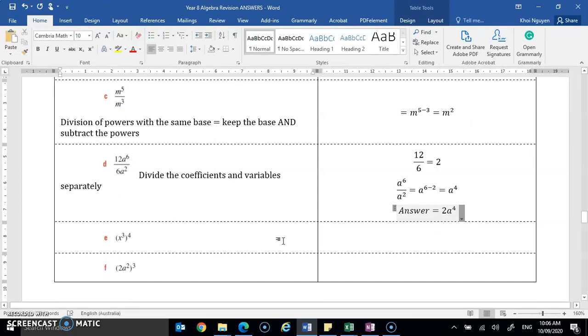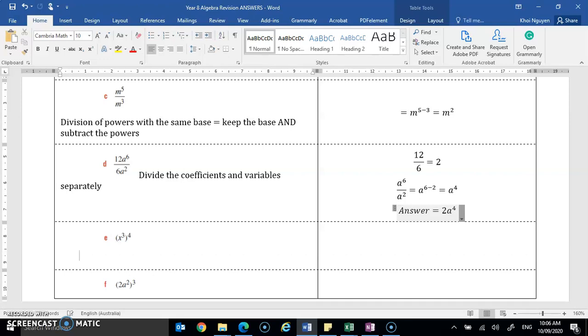Now this time we have brackets. What's happening here is raising a power by another power. So what do we do?